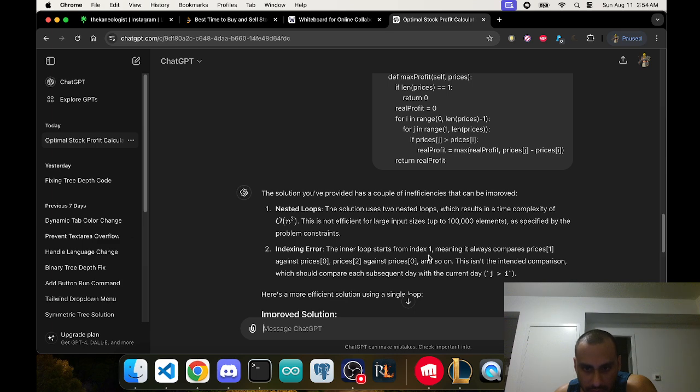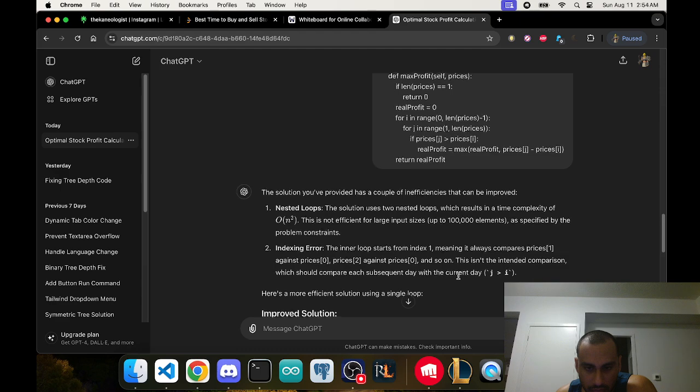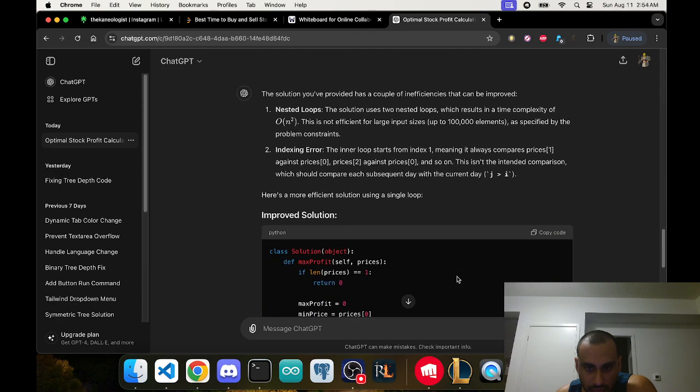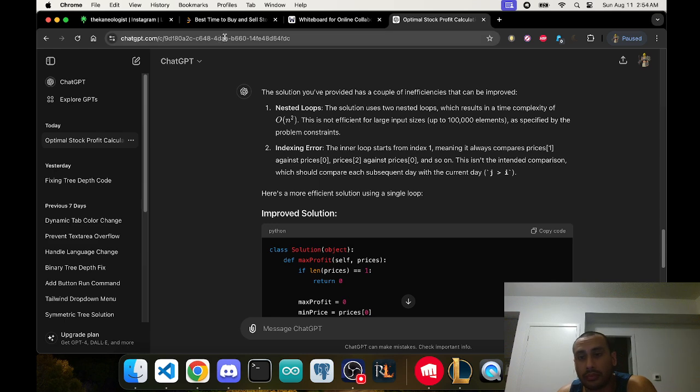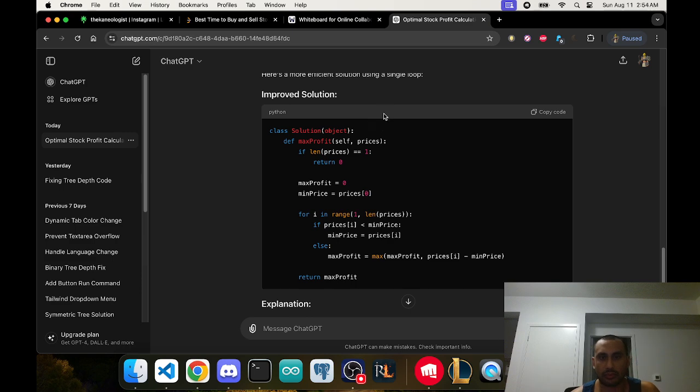Loop starts with index 1. But each subsequent day.